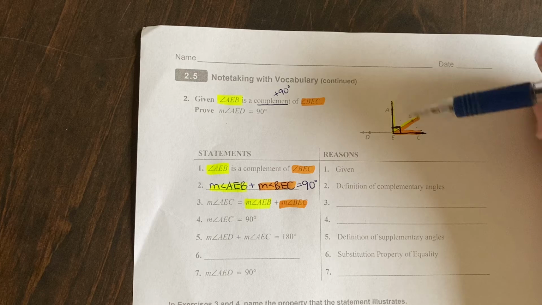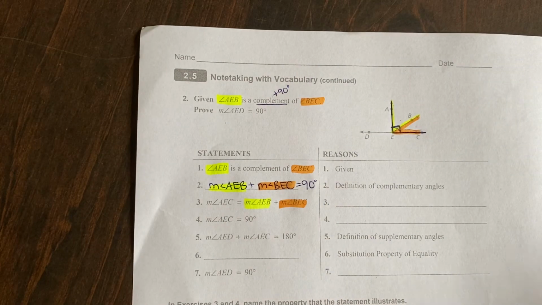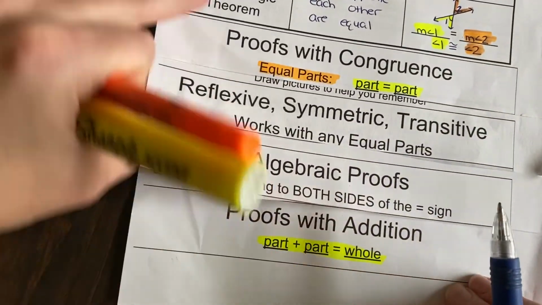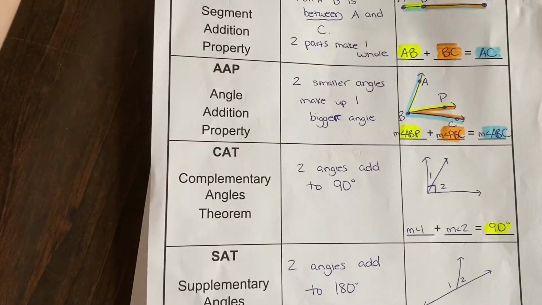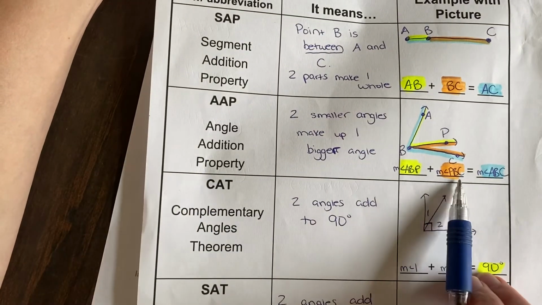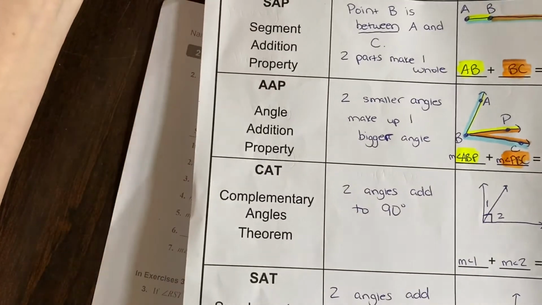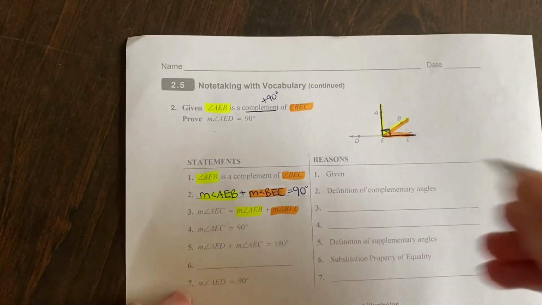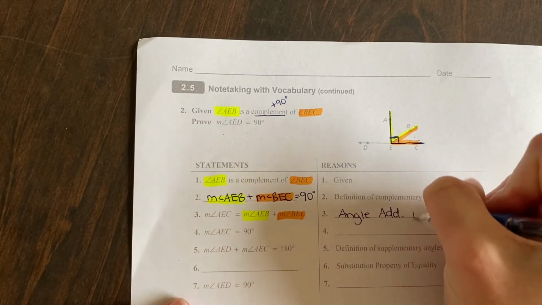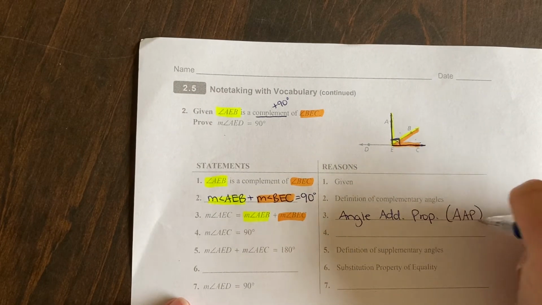The two smaller angles have to add up to equal the larger. So I'm going to need one of these properties. Which one talks about adding up angles? The angle addition property tells me that the part plus the part equals the whole. So my reason is the angle addition property, which some people abbreviate as AAP.